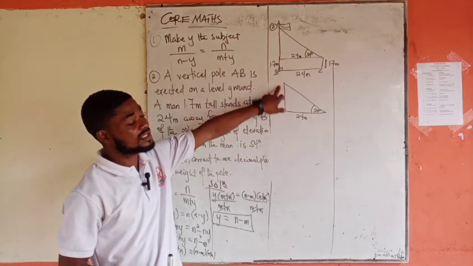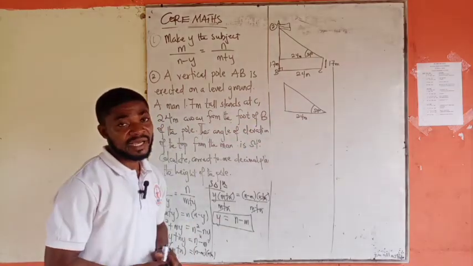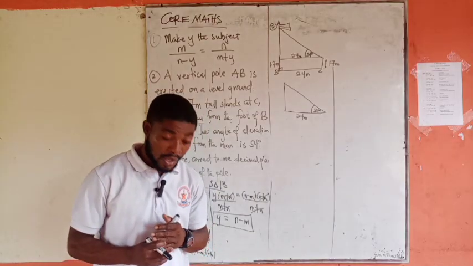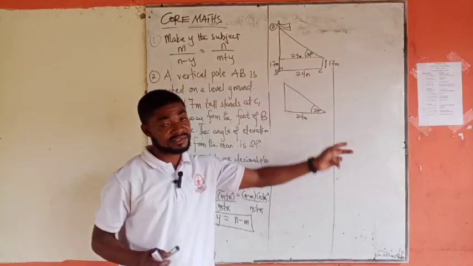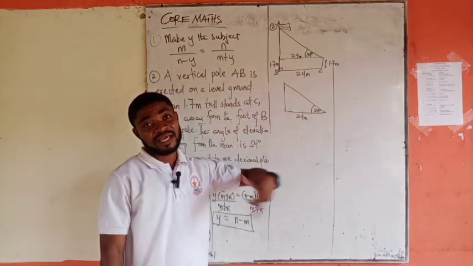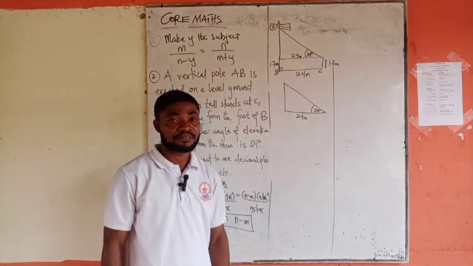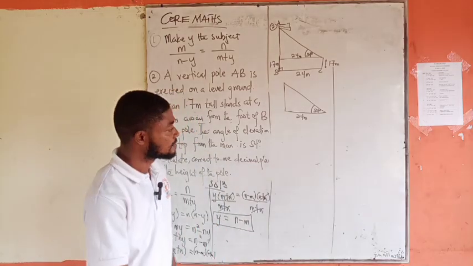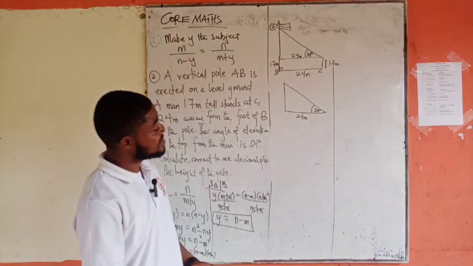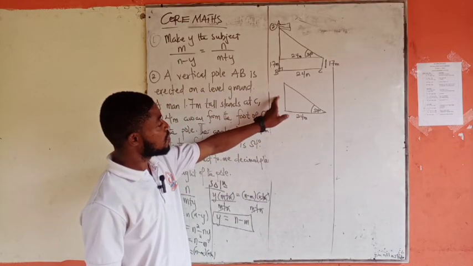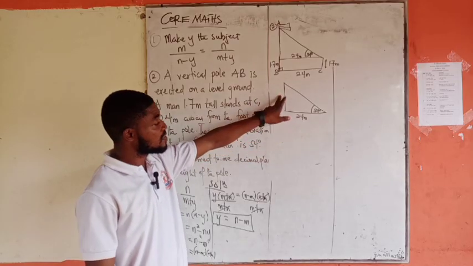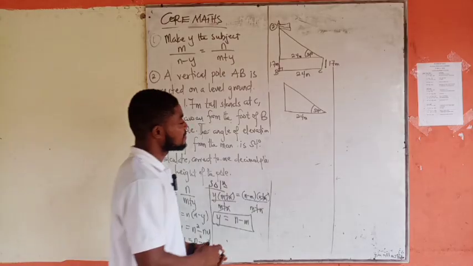So this is the opposite of the angle. From SOHCAHTOA, I know sine is equal to opposite over hypotenuse. There's no hypotenuse. Cos is adjacent over hypotenuse, no hypotenuse. Finally, tan is equal to opposite over adjacent. Because you want this side, if you find it, it will be very easy. So opposite over adjacent, I use tan 54.